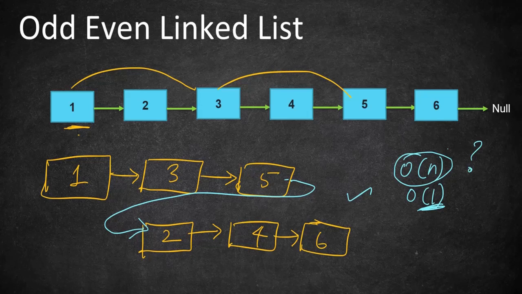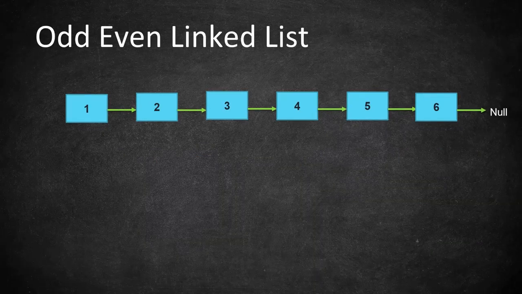Like any linked list problem we have solved, we are going to use a two-pointer technique, because two pointers always come to help when it is a linked list problem, which is pretty easy as well. Let's see how we're going to use two pointers to come up with a linear time and constant space solution. We are going to have two pointers, odd and even.